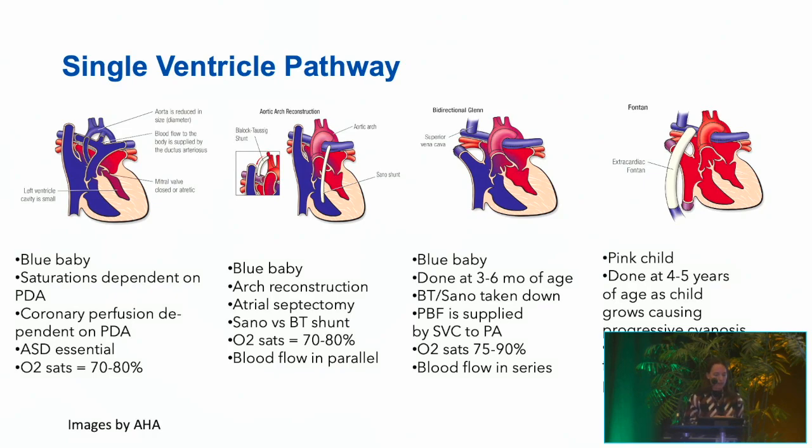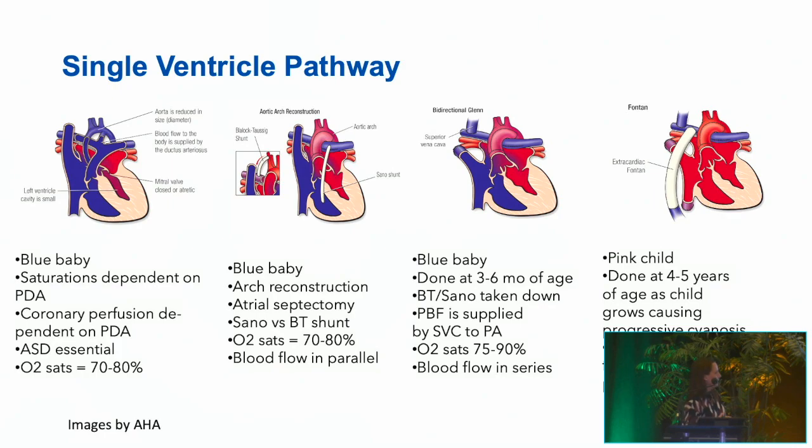The reason we do it that way is because the PVR in infancy is high enough that you need that ventricular push behind it, and you can't have pulmonary blood flow be passive at this stage. The Glenn is done at about 3 to 6 months of age. After that, PVR goes down, and we say, okay, now you can have a passive form of pulmonary blood flow.